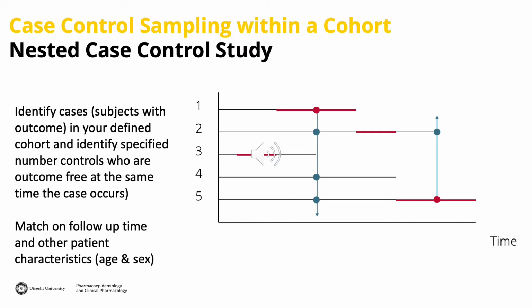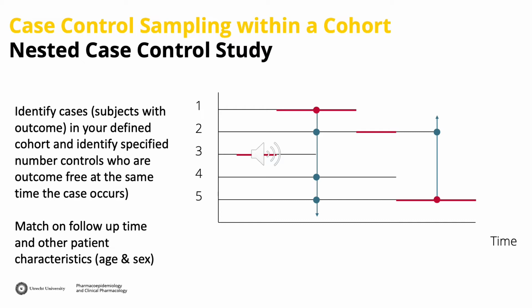So a nested case control study is still a cohort study. It's just a bit of a difference with respect to how the patients are sampled within your cohort. So in a typical cohort study, as I mentioned, you look at a group of patients, you have a study population, and then you follow them forward in time in order to determine whether or not they've experienced an outcome of interest.